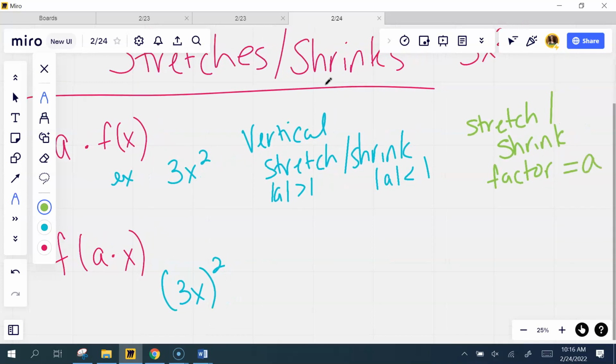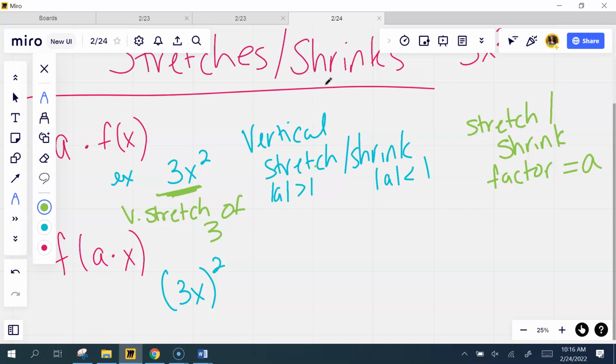And that is a. Okay, so in this case, if I was asked to describe the transformation here, this would be a vertical, it's bigger than 1, so it's a vertical stretch of 3. Does that make sense?